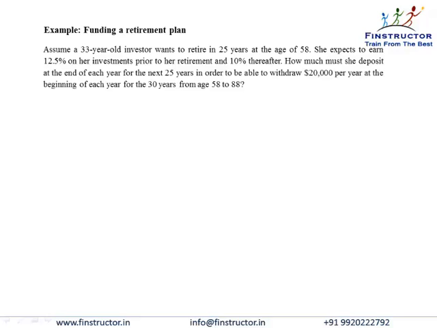So the question says: assume a 33-year-old investor who wants to retire 25 years later, at the age of 58. She expects to earn 12.5% on her investments prior to her retirement and 10% thereafter.